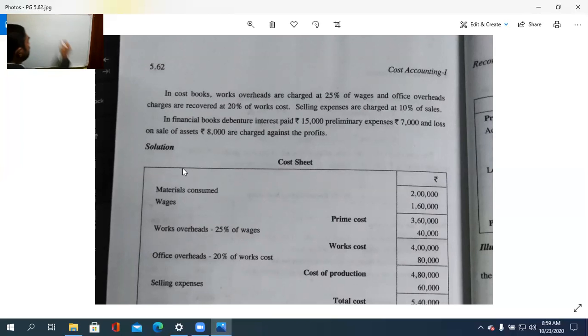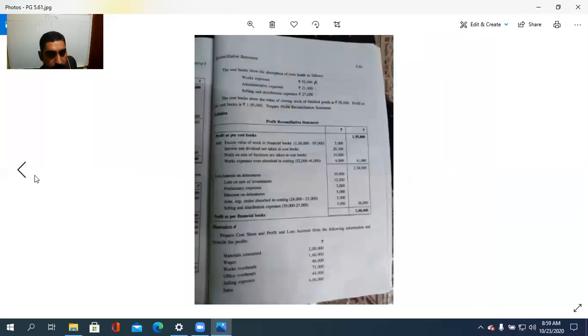Okay. So P&L account, see, materials consumed 2 lakh, to wages, how much is it? 1,60,000.